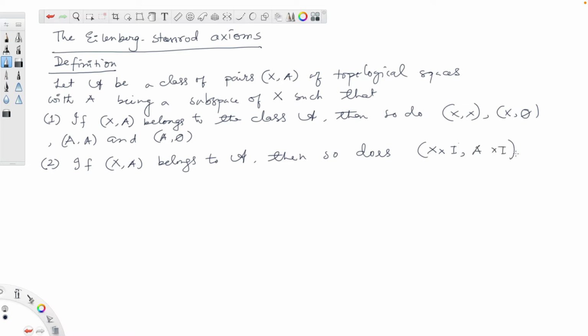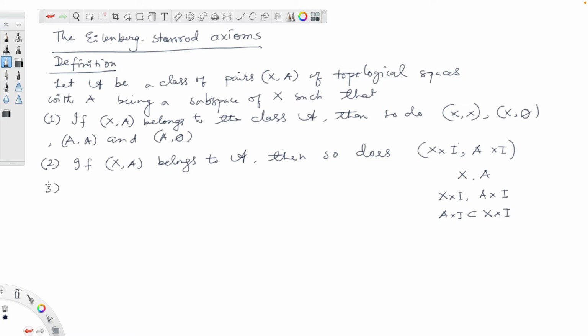Note here that given a topological space X and its subspace A, X cross I and A cross I are topological spaces in the usual sense in product topology, and A cross I is a subspace of X cross I.